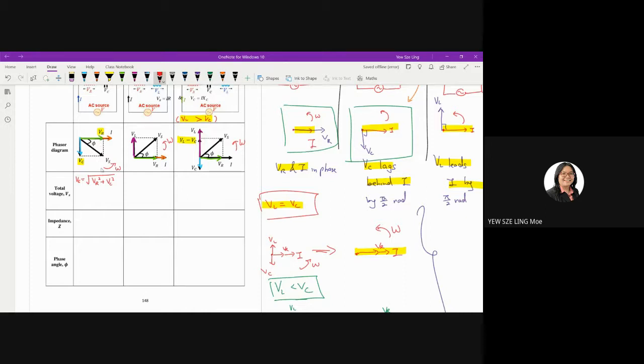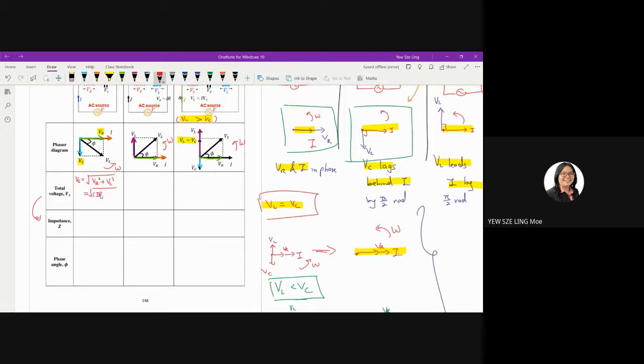So how are we going to expand this equation further until we obtain Z? Because we have VR and VC already, we can expand it a little bit.